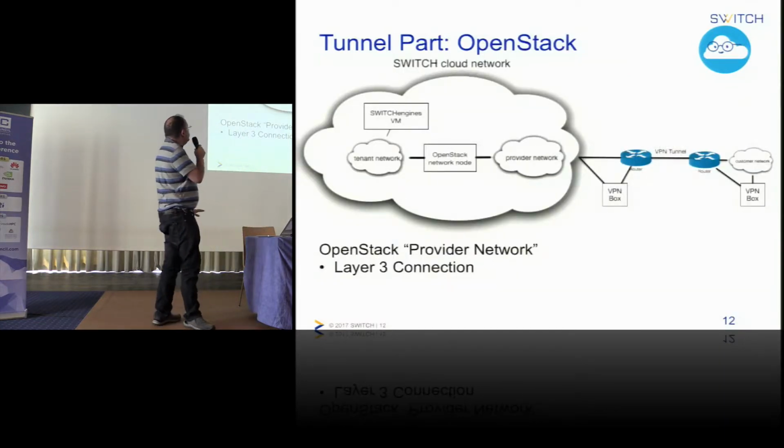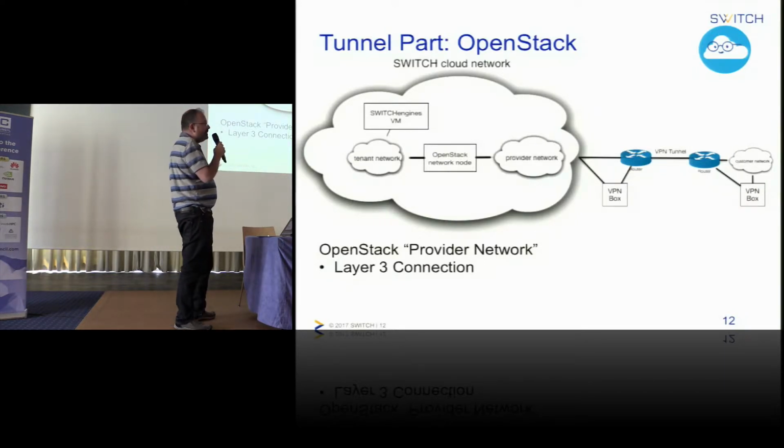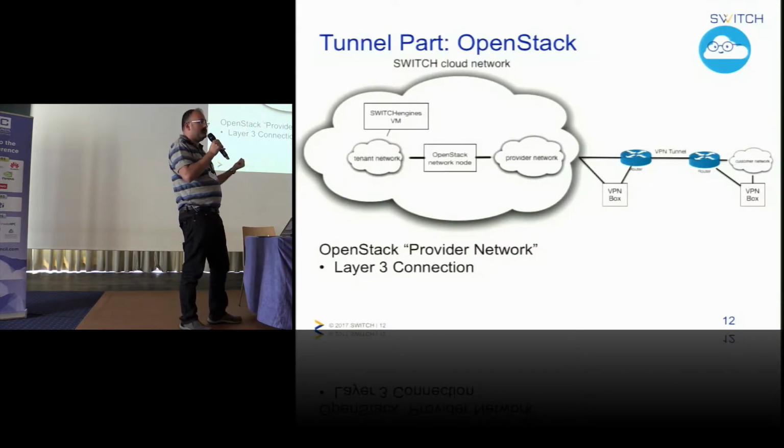Okay, now let's see the detail of the tunneling inside OpenStack. So here we started this project when we were running OpenStack Kilo, and the tooling to achieve this goal was not completely ready yet. So our first prototype was in layer 3.